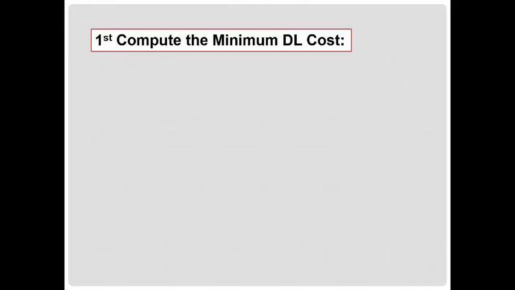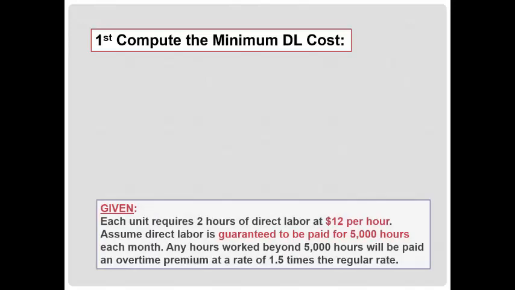So first we'll figure out what is the minimum labor cost that we're going to have. And what we're told about the minimum direct labor cost is that labor is guaranteed to be paid 5,000 hours. Companies will do this in order to maintain their labor force. They don't want their hours to vary so much that they go looking for other work.